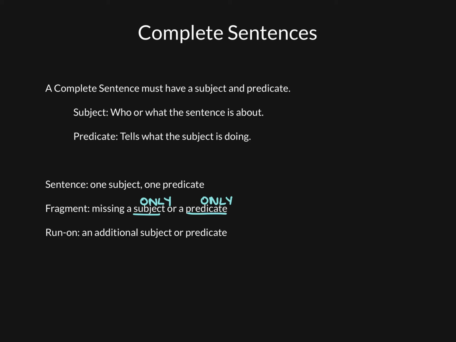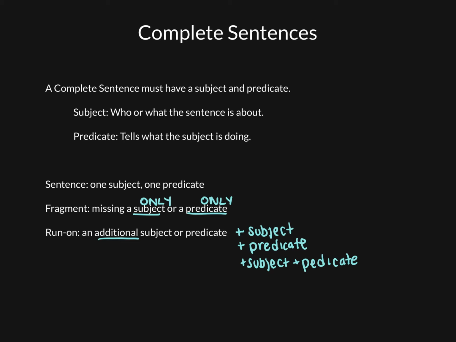Rather than with a run-on, we have an additional subject or predicate. So we have the original subject and predicate plus another subject or plus another predicate. Or an additional subject as well as an additional predicate within the same sentence.